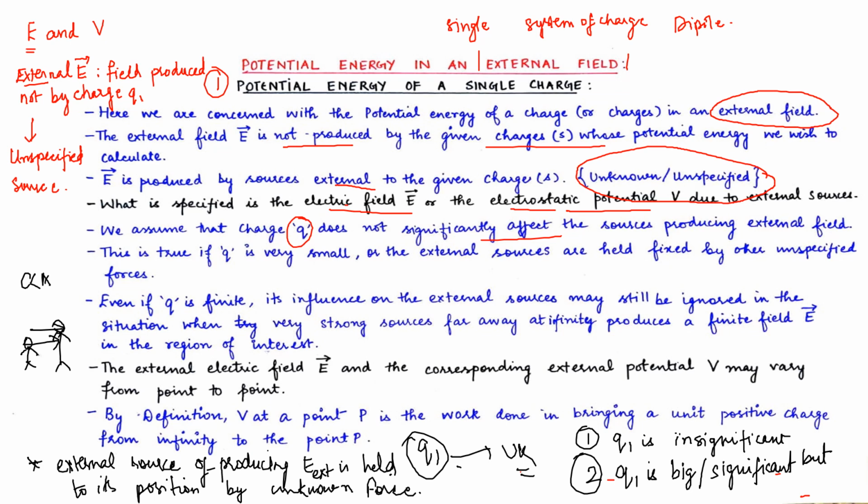Now the second case is that both are either children or adults, having the same energy and power. So now child 1 is pushing child 2. Now what will happen is that this child will fall, because both have the same strength. If one is pushing the other, the other will definitely fall.